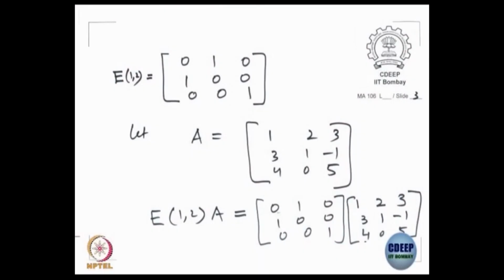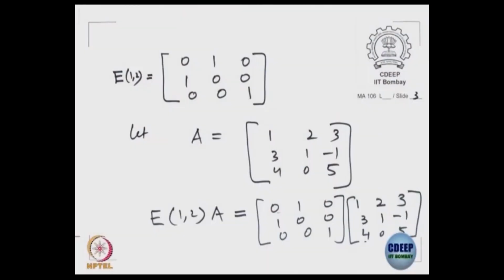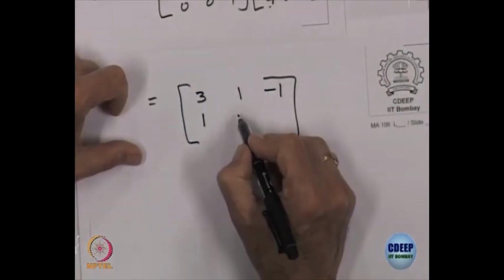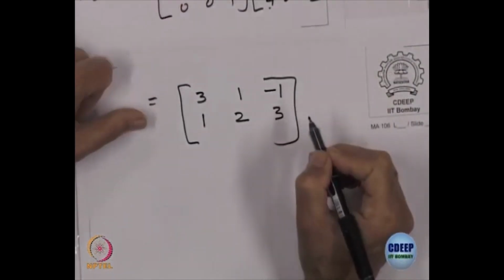Let us do the next row. 1 0 0 multiplied by the first column: 1 times 1, 0 times 3, 0 times 4, so that gives me 1. Next, multiplied by the second column: 1 multiplied by 2 is 2, 0 multiplied by 1 is 0, 0 multiplied by 0, so that is 2. And the next one: 1 multiplied by 3, both others are 0, so that is 3.